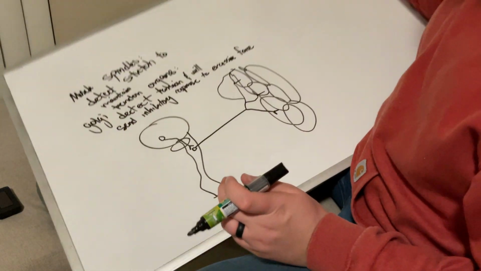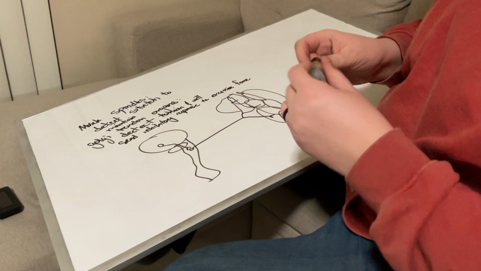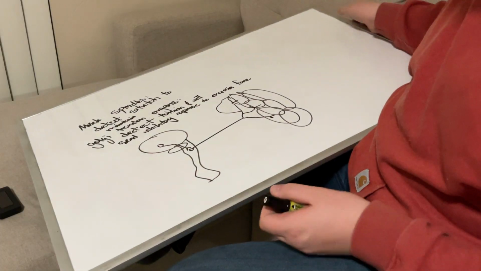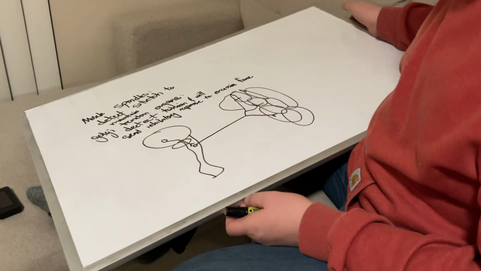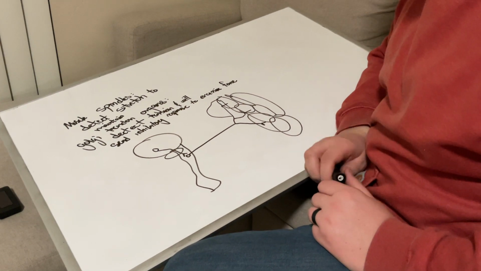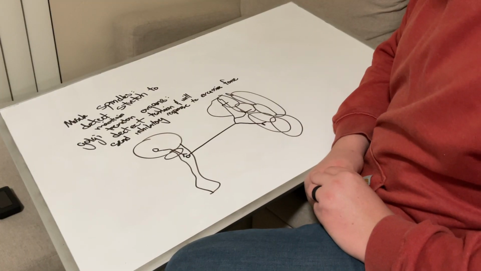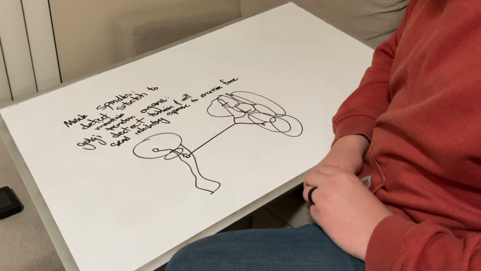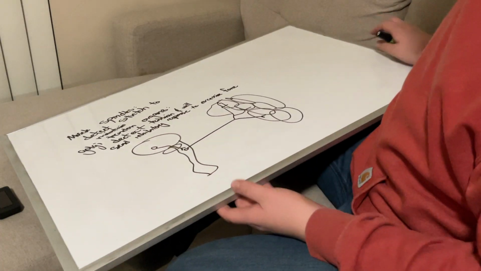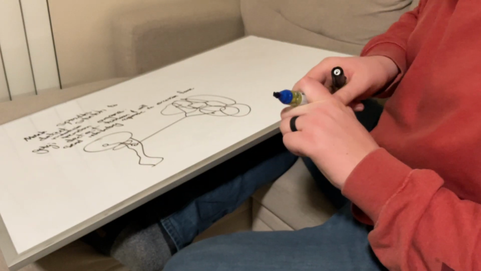Yeah, so muscle fibers is what we have right here, or extrafusal fibers. Each one of these individual muscle cells will have intrafusal fibers within them, which are sensory fibers. We'll draw that in blue.